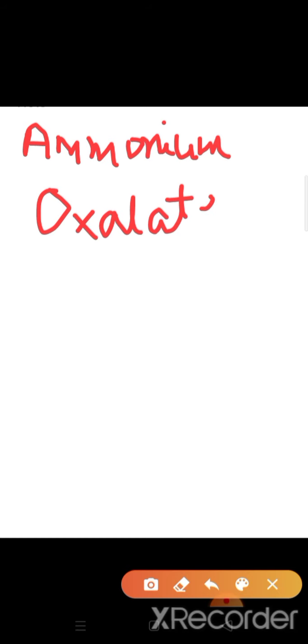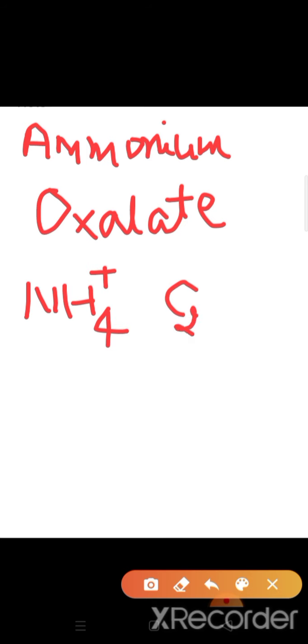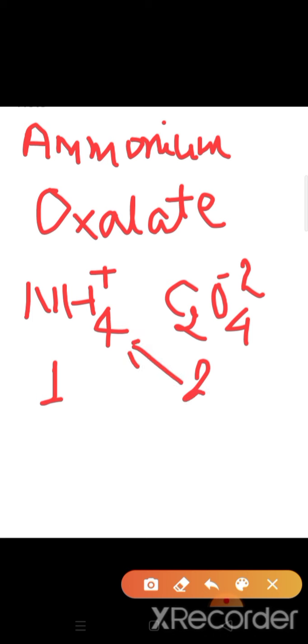The valency of ammonium is 1 and of oxalate is 2. Valencies are cross transferred and it becomes (NH4)2C2O4. Okay.